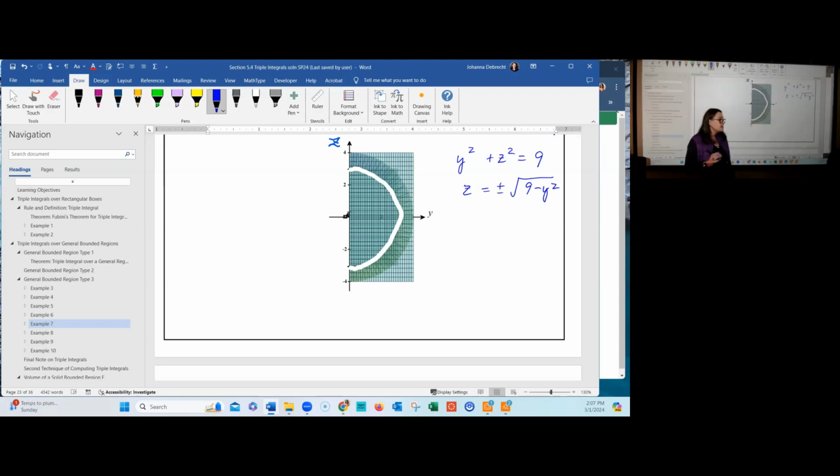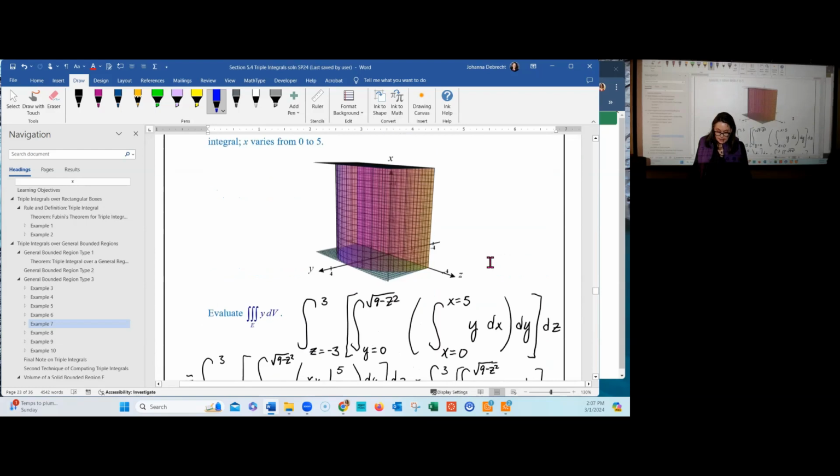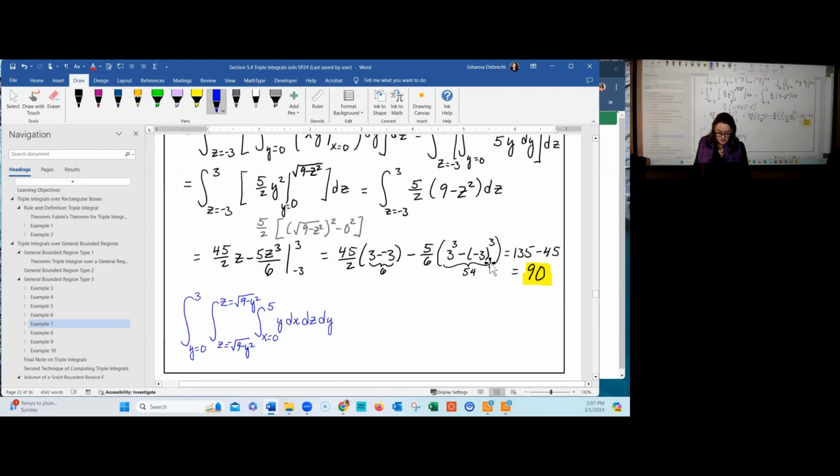Now, in this case, we want to integrate from the bottom, which is the negative root, to the top, which is the positive root. And then our y goes from 0 to 3. So in this case, we could change the order of integration by rewriting it as z a function of y. And that would give us the integral you see down here in blue.